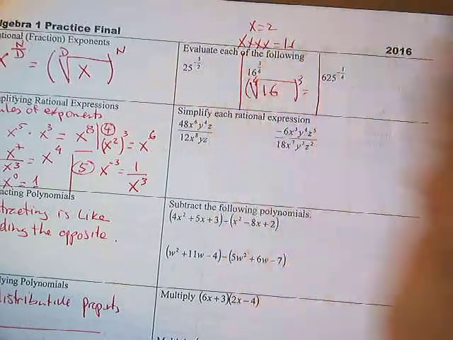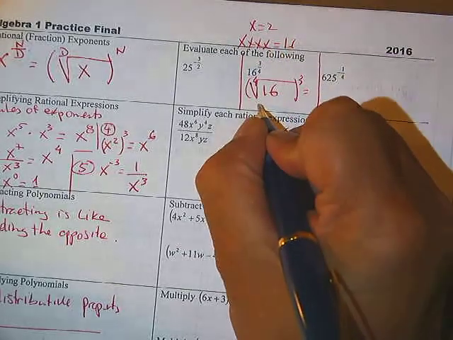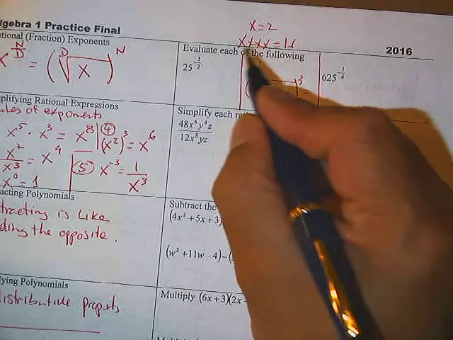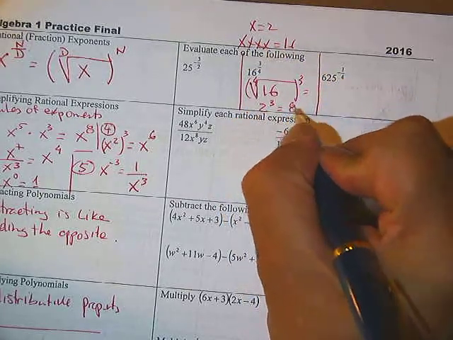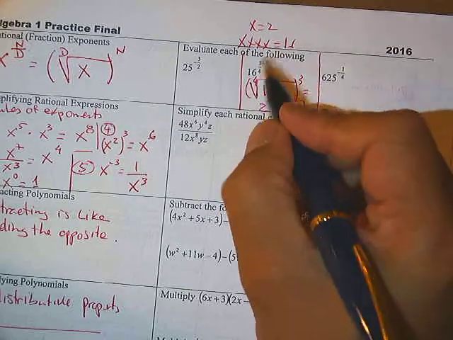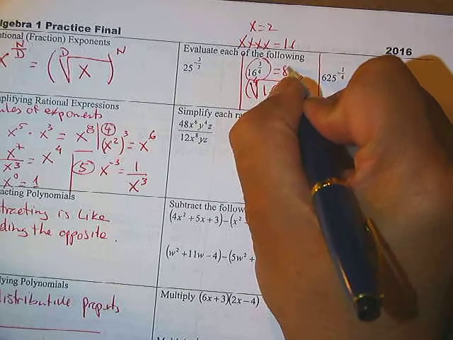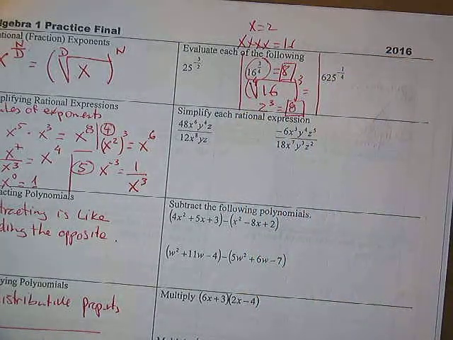That means what times itself 4 times gives you 16? The answer is 2. Because 2 times 2 times 2 times 2 is 16. So it's just 2 to the third. And 2 to the third means 2 times 2 times 2. 2 times 2 is 4. 4 times 2 is 8. So this whole thing here, that's equal to 8.